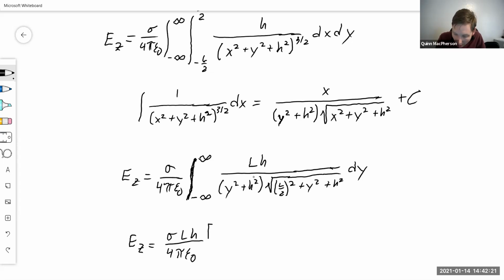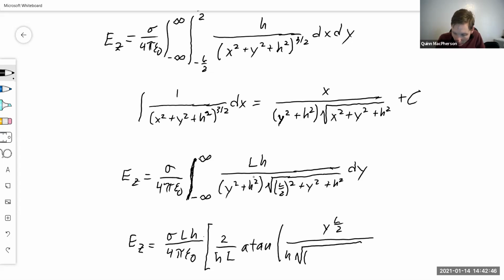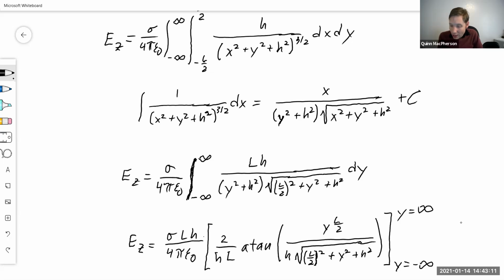You do this integral, and you get 2 over HL times the arctan of y L over 2H times the square root of (L over 2) squared plus y squared plus h squared, evaluated at y equals minus infinity and y equals infinity. We should say which variable goes to infinity, since that's kind of ambiguous.